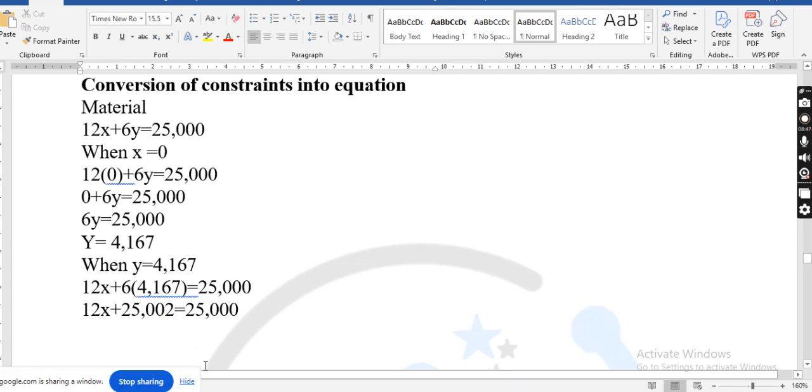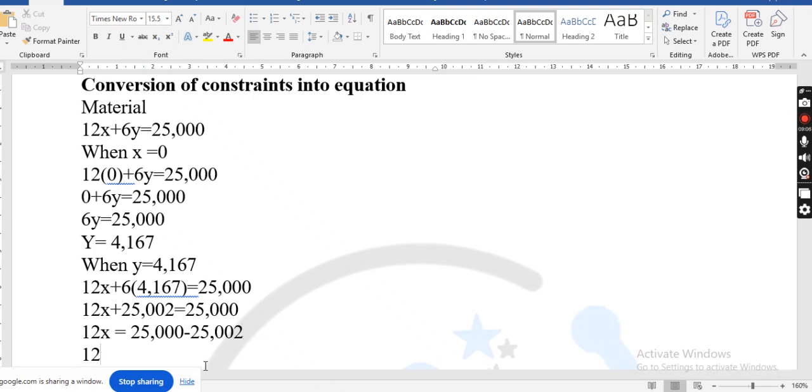So you can have 12x equals 25,000 minus 25,002. Then 12x is equal to, when you subtract, minus 2.